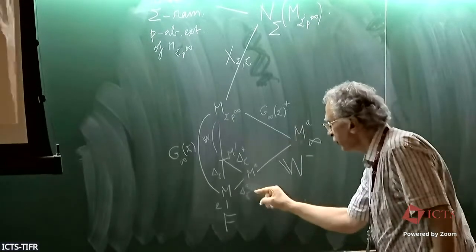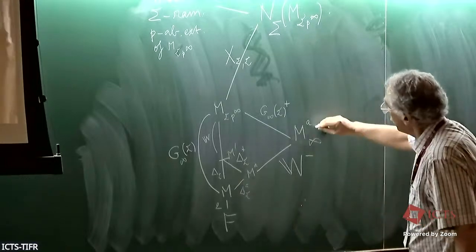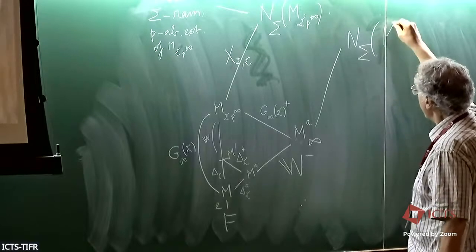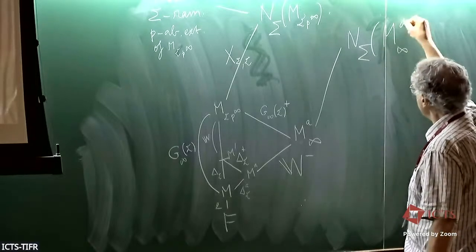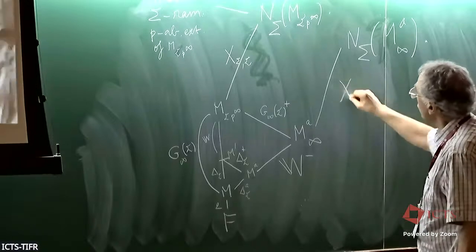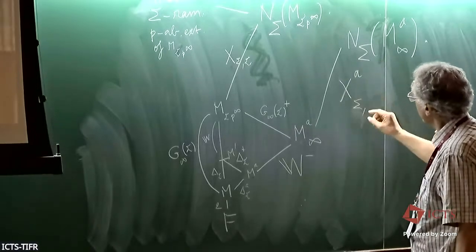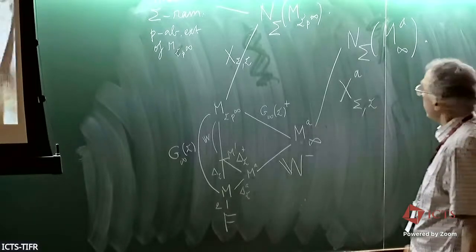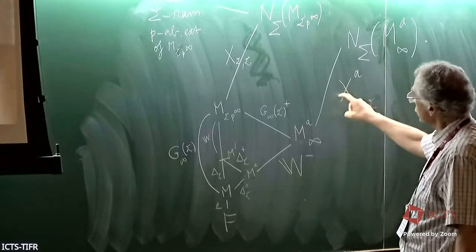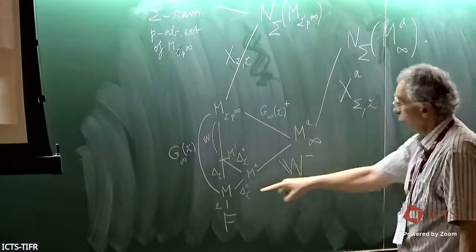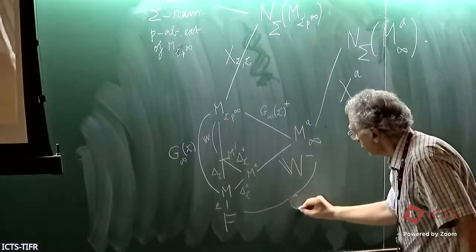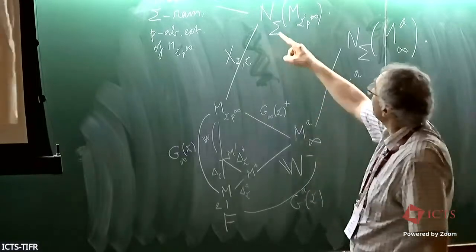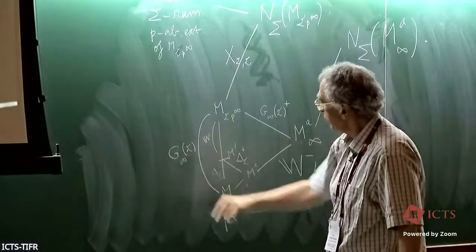So here we fix characters, and we consider the module N sigma of M infinity A. The Galois group is the anticyclotomic Galois group, and this is a module over this group, G anticyclotomic C.